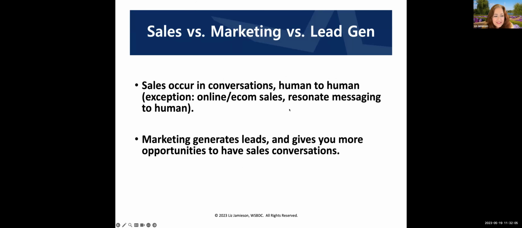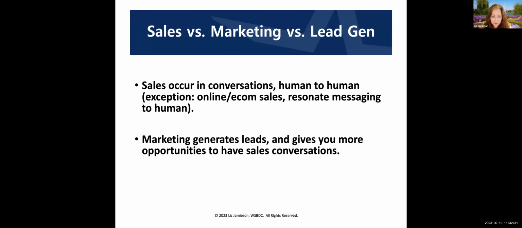So let's distinguish here sales versus marketing versus lead generation, and these kind of get all entangled into one big hairball. And so I like to kind of pull them apart a little bit. So many people think that doing marketing is selling.